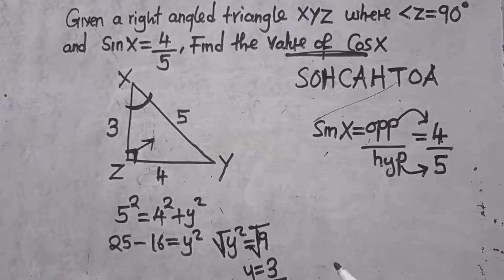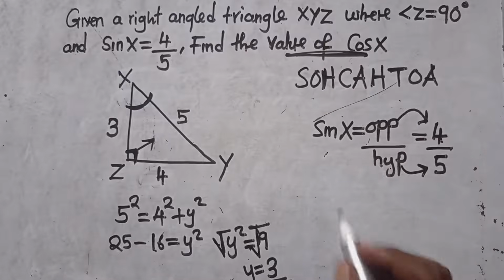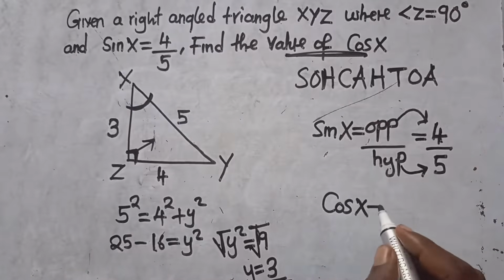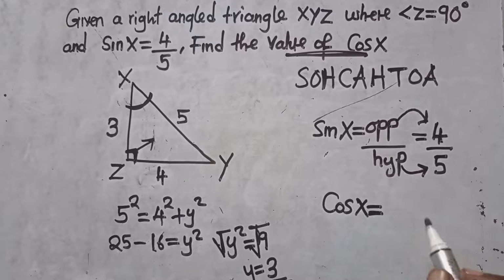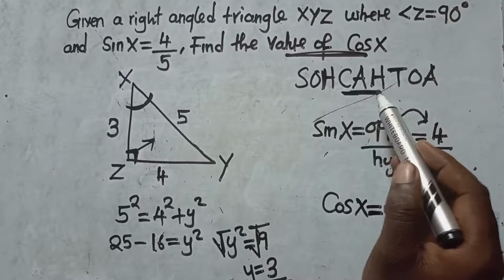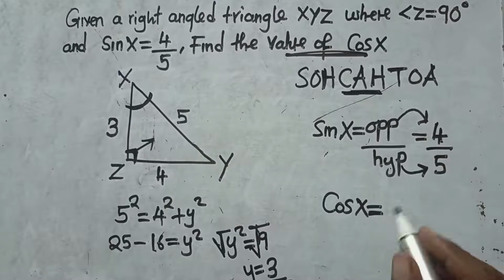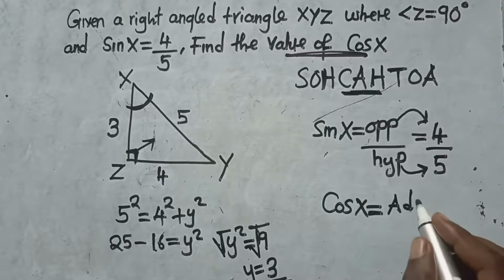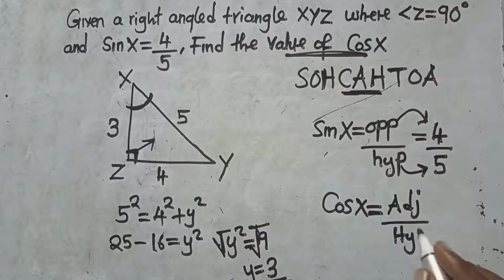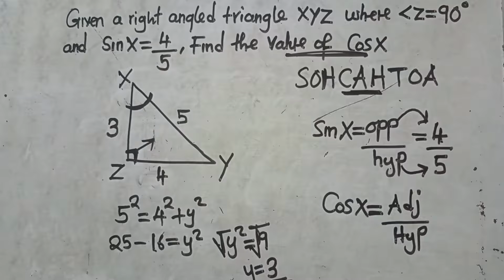So what are we told to find? We are told to find cos x. Cos x is equal to adjacent over hypotenuse. That is what we get to do.